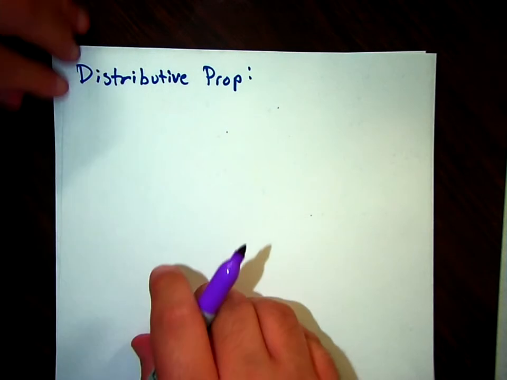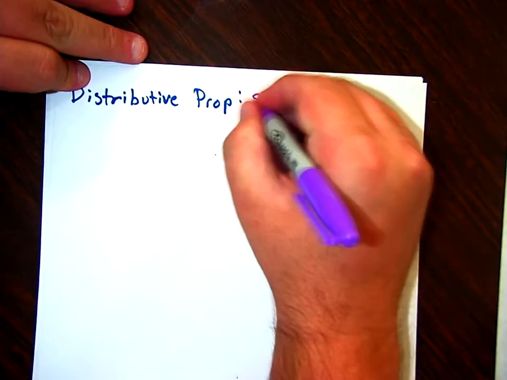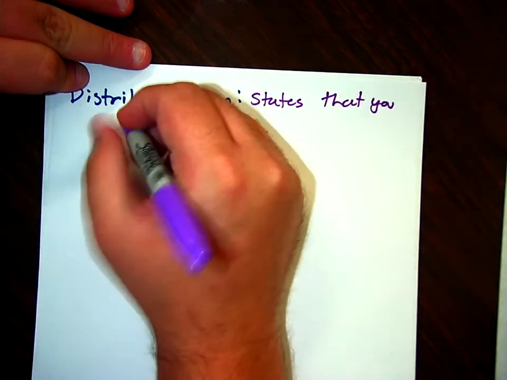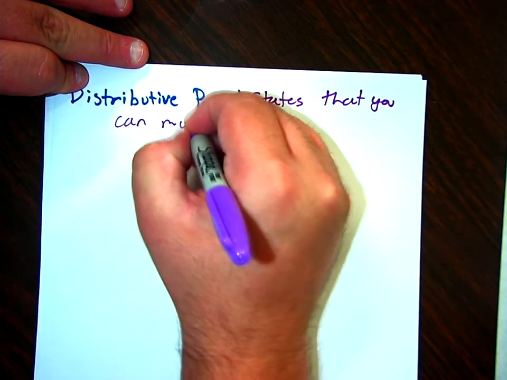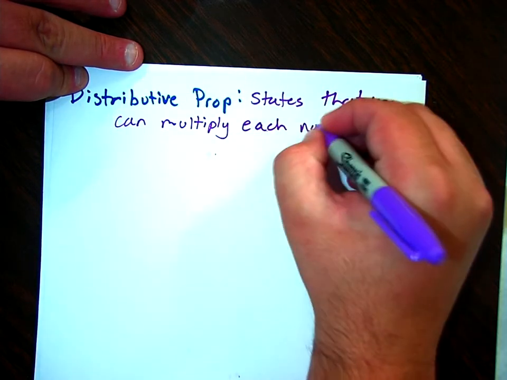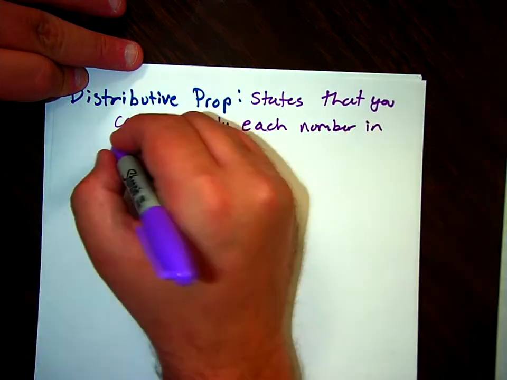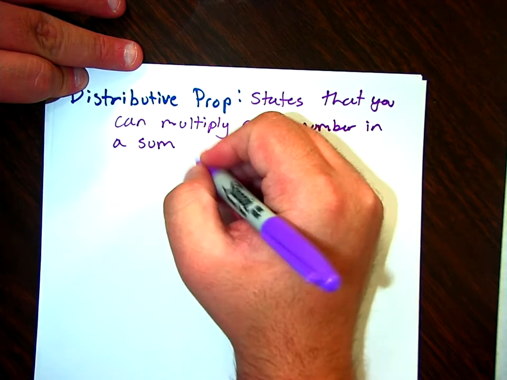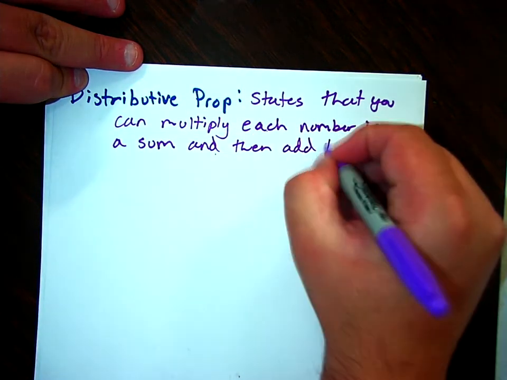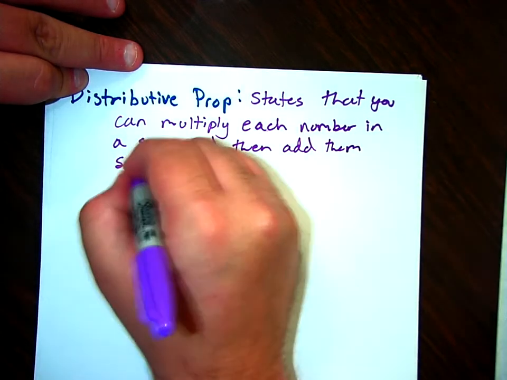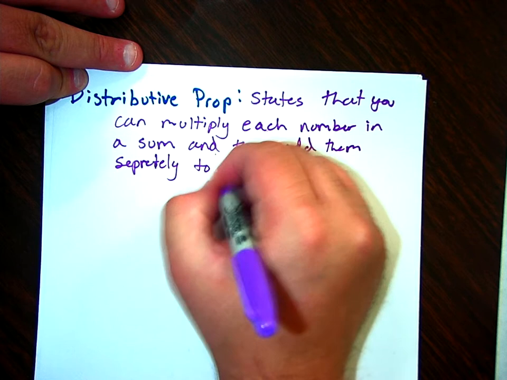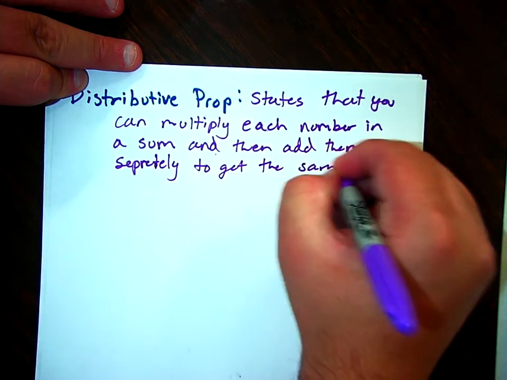Okay, the distributive property states that you can multiply each number in a sum and then add them separately to get the same result.